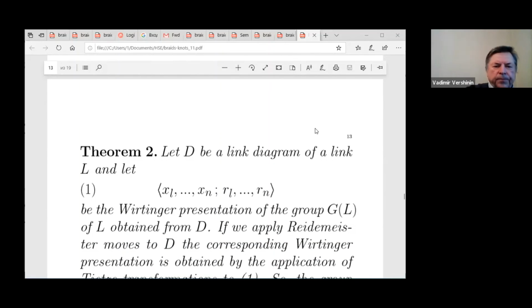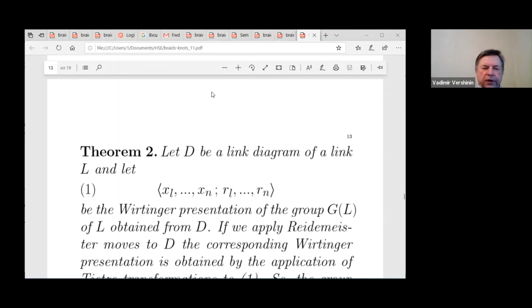And anyway, because I gave not absolutely correct proof of the Wirtinger presentation, I will make now the proof, but from the point of view of combinatorics.